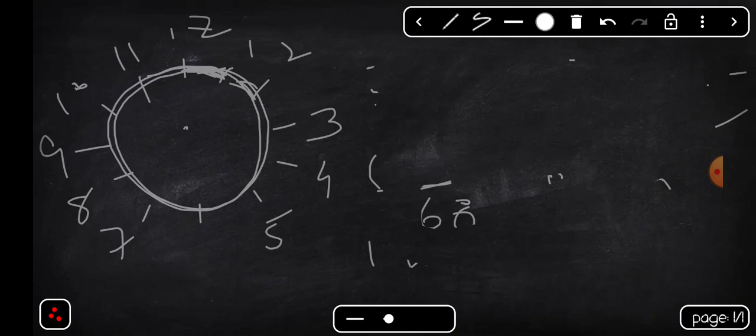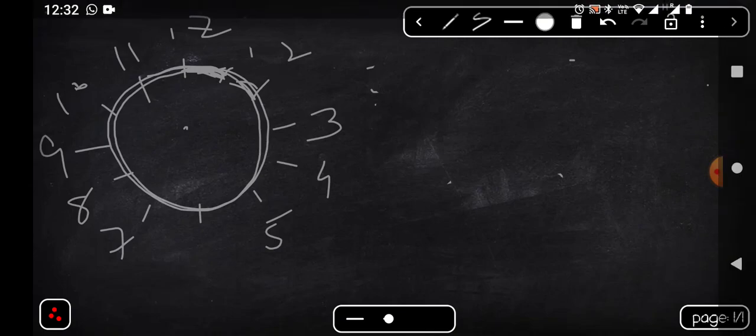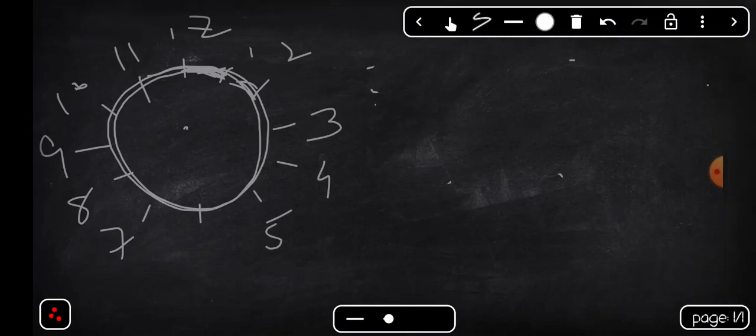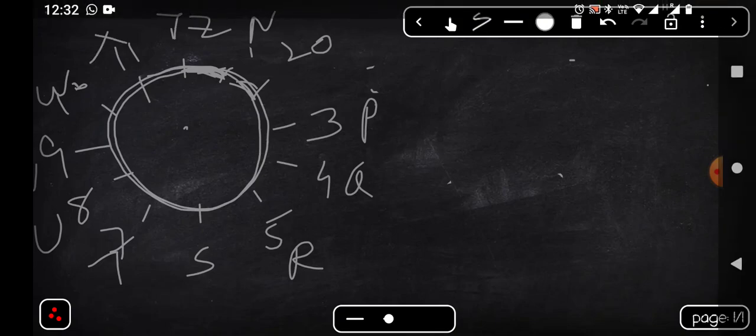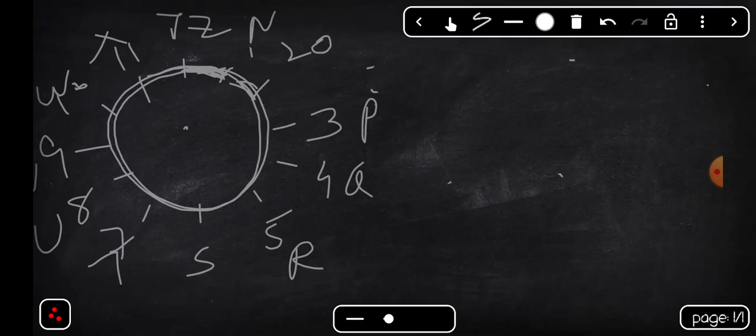This is the clock. Instead of giving the time numbers, we give the names N to Y: N, O, P, Q, R, S, T, U, V, W, X, Y. Instead of 1 to 12, we gave the names N to Y. Now, QT represents what time?